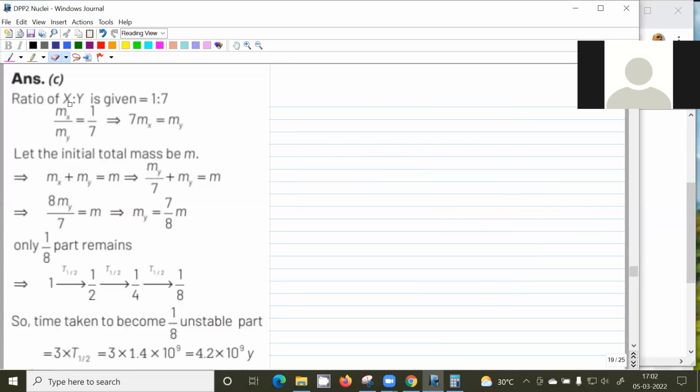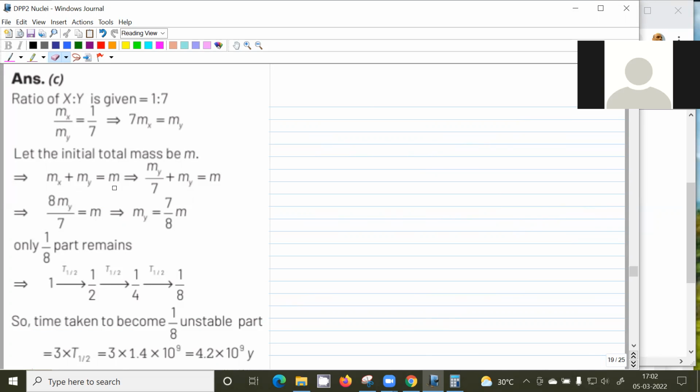Initially both X and Y are there, but after some time, the mass ratio has become 1:7 at a particular time t. So the total mass is constant initially, and at the given stage also.